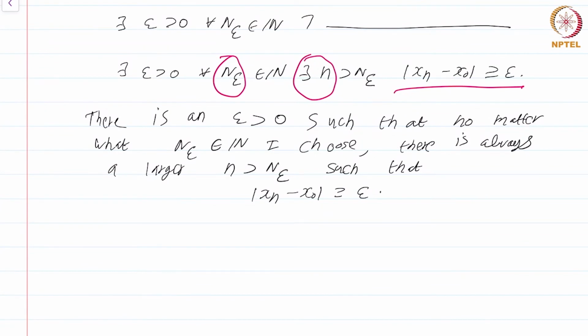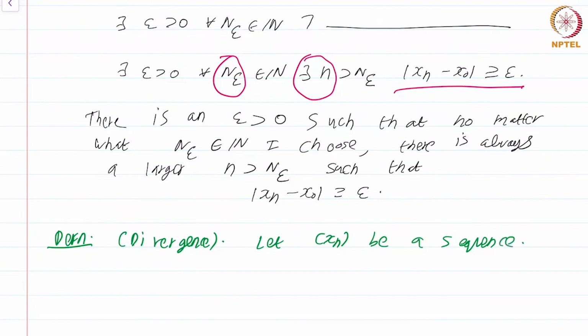Now let me give one definition. Since we saw the meaning of x_n does not converge to x naught, the next definition is that of divergence. Let x_n be a sequence.